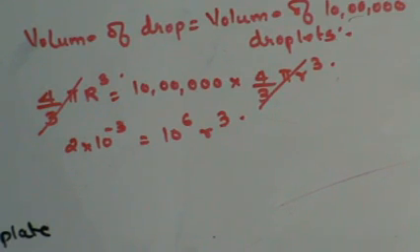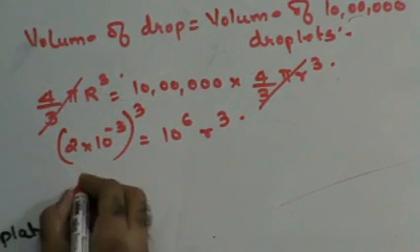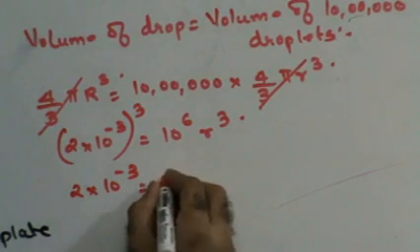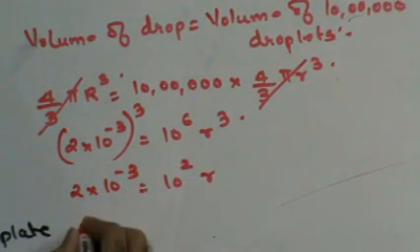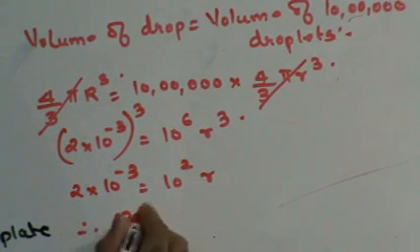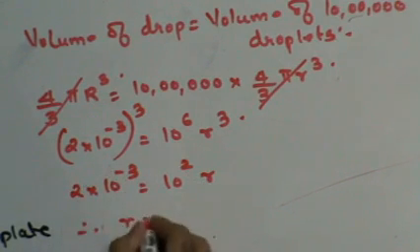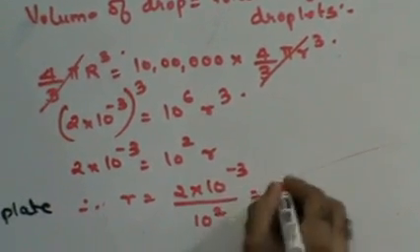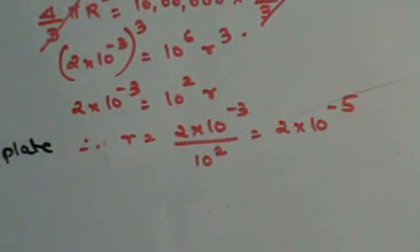So in that case you will get 2 into 10 raised to minus 3 the whole cube. If I take cube root on both the sides, I will get 2 into 10 raised to minus 3, cube root is 10 raised to 2 r. Therefore I can say small r is 2 into 10 raised to minus 3 upon 10 raised to 2. So 2 into 10 raised to minus 5. That will be the radius of each droplet.